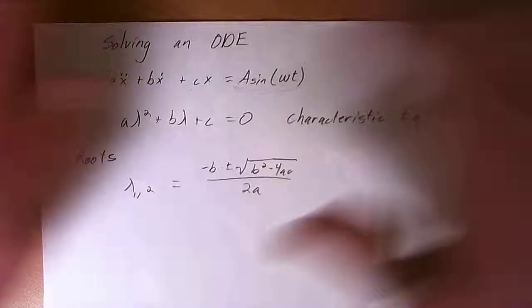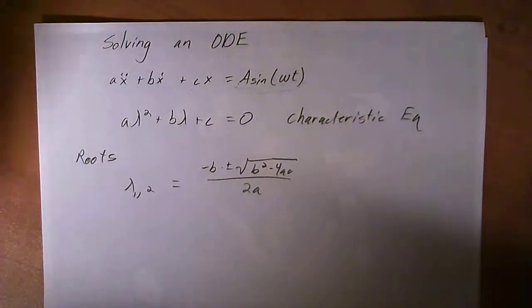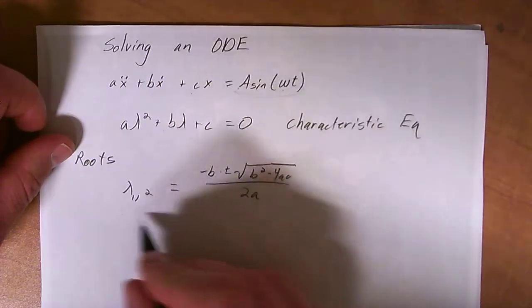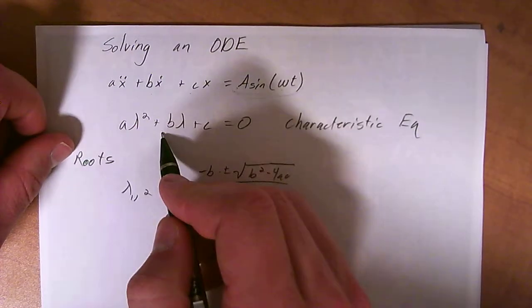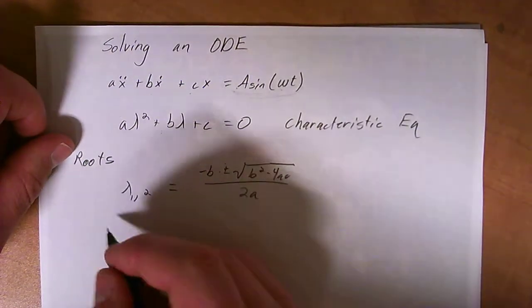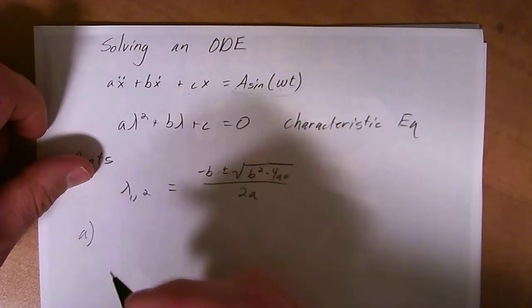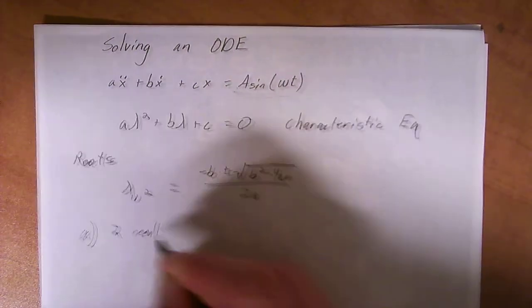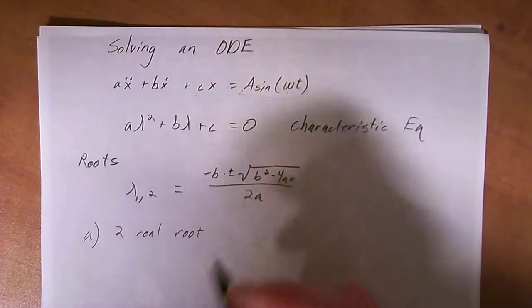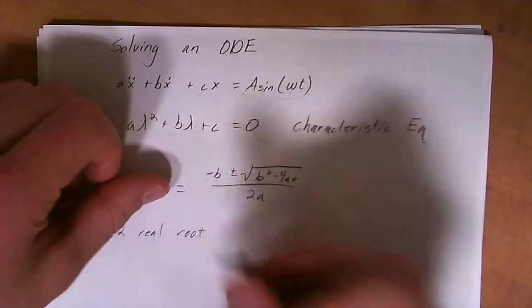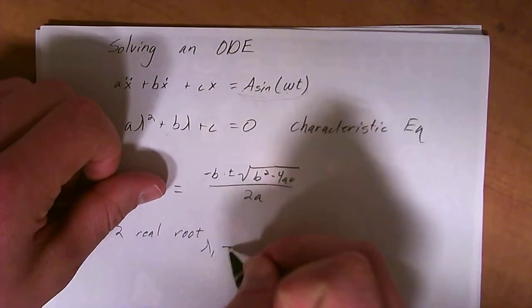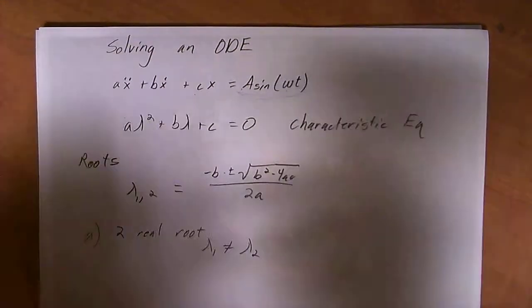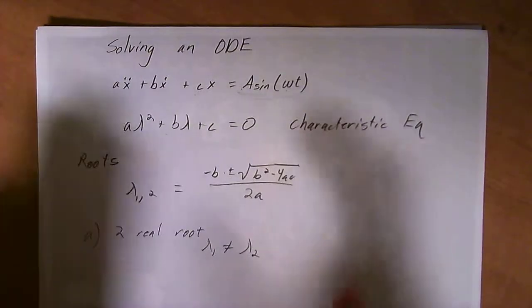So it's not going to get too complicated, and the weird sideways stuff you can do in a differential equations class. Okay, so now, once you get the roots from the characteristic equation, you have to see if you meet a couple of conditions. A: you get two real roots, so basically no i's or j's, and lambda 1 does not equal lambda 2.